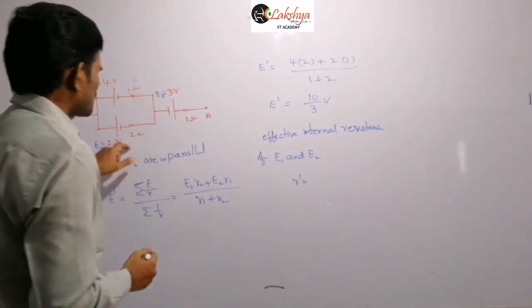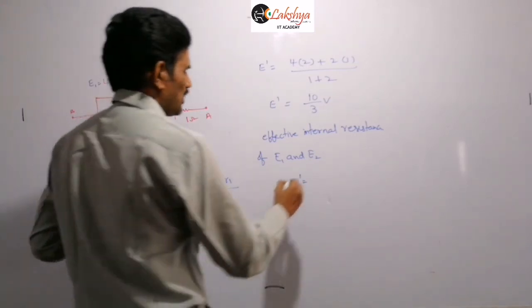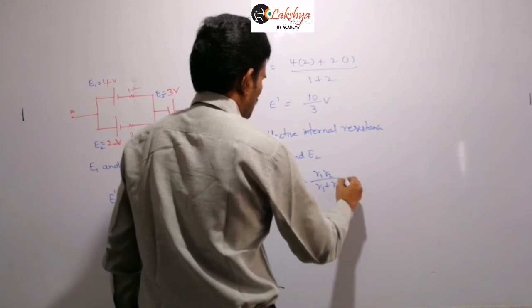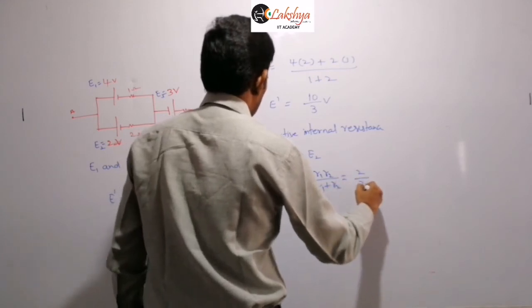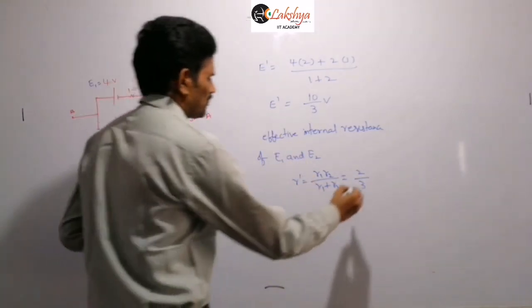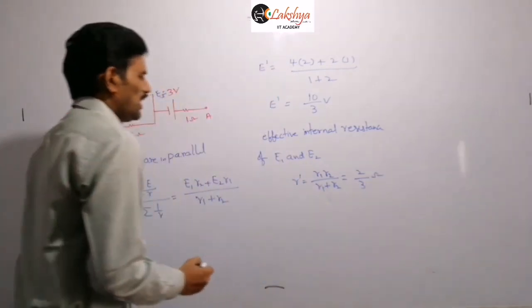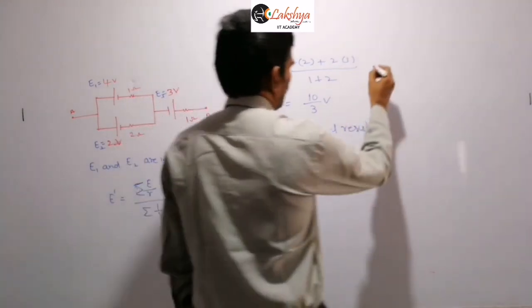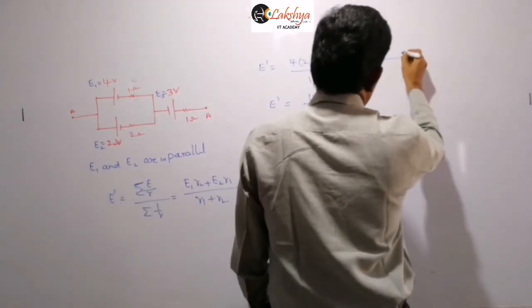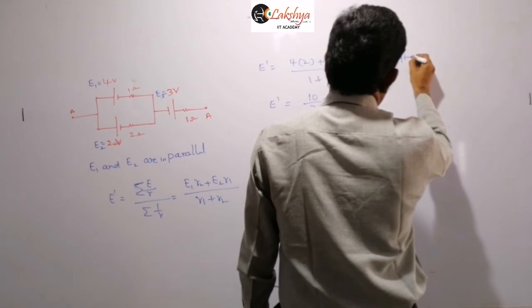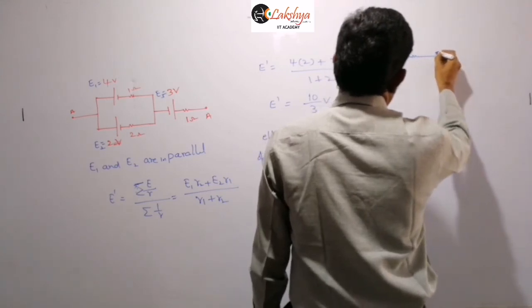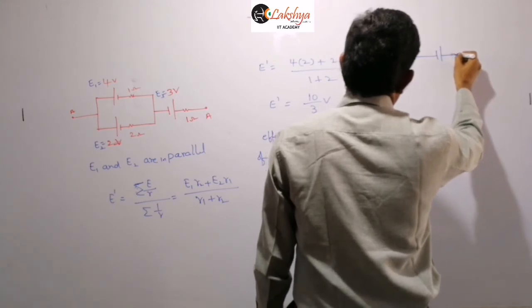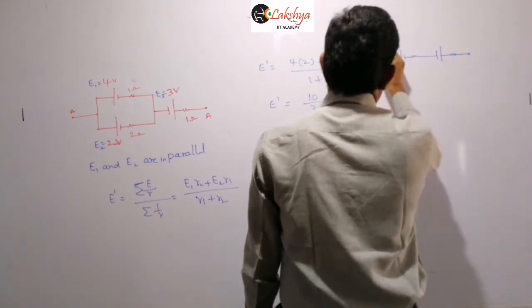Here two resistors are in parallel, so their effective resistance we can write as R1 R2 by (R1 plus R2). Then you will get 2 by 3 ohm, right? And now our circuit we can draw like this. This is negative and this is positive here. Now these are our points A and B.